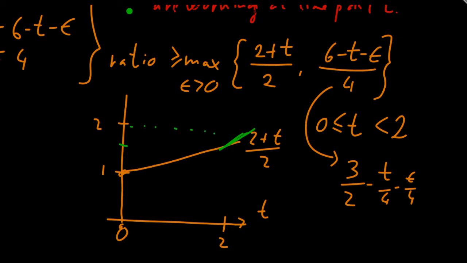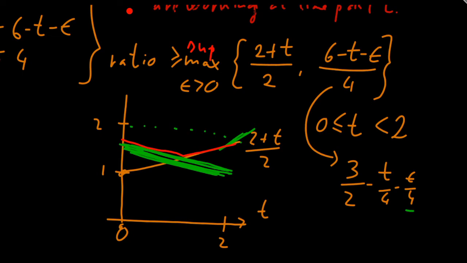For t equals 2, I will get 3 over 2 minus 1 half, so it will become 1. But with the minus epsilon over 4, if I'm ranging over all the possible values of epsilon, I will just get several lines just below this line. Nevertheless, the maximum of these lines is here, or I could say supremum if you have knowledge about these operators.